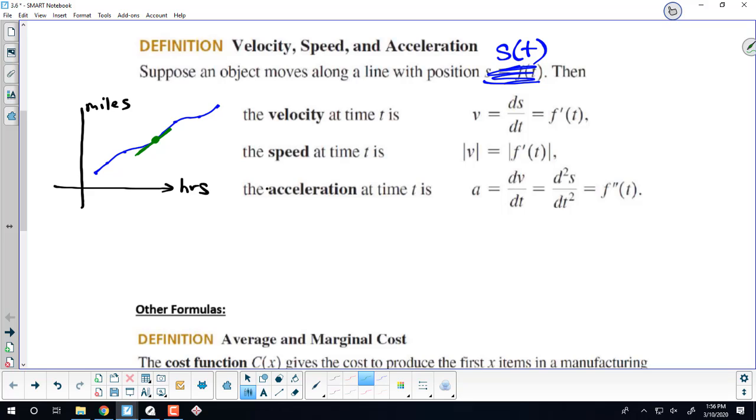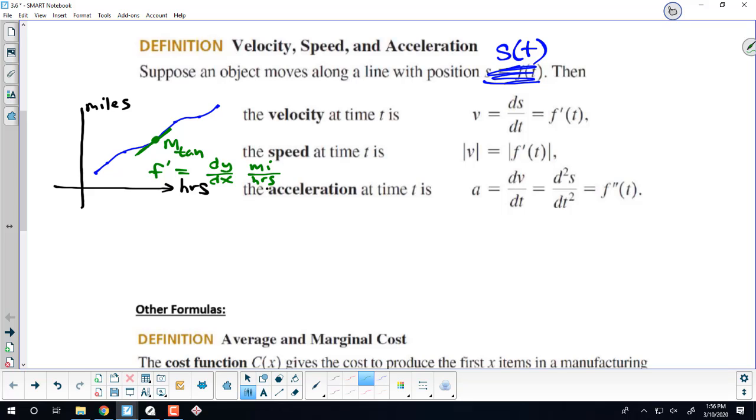Remember, this is going to be the slope, which is also the derivative, which is also the same notation as dy over dx, right? So a small change in y over a small change in x is what the derivative is. So when you calculate this derivative, its units are just going to be units of y over units of x.